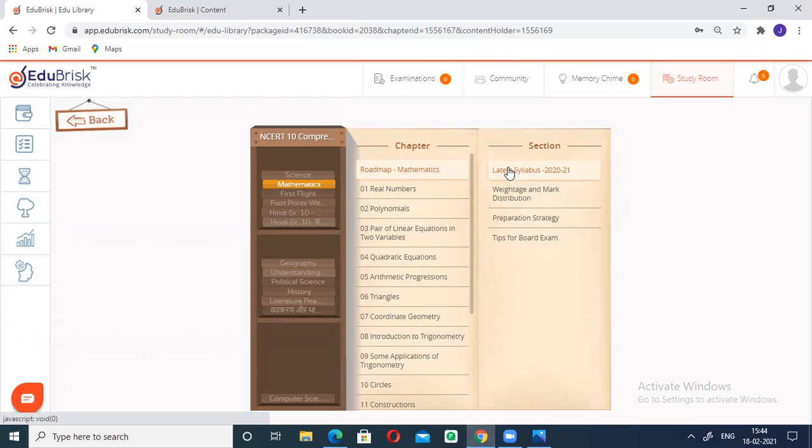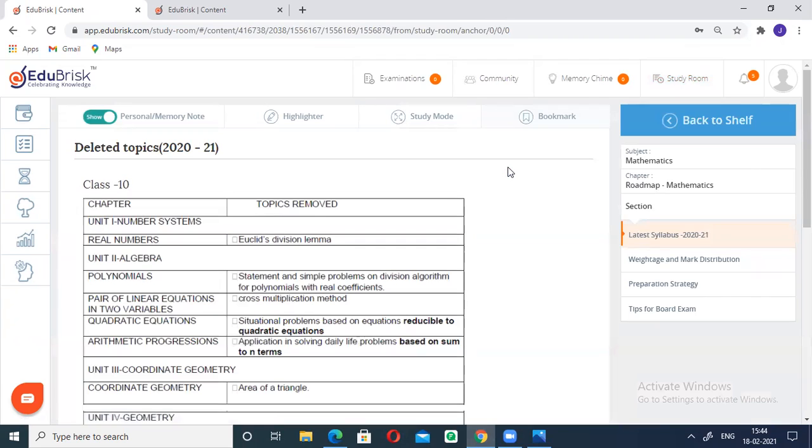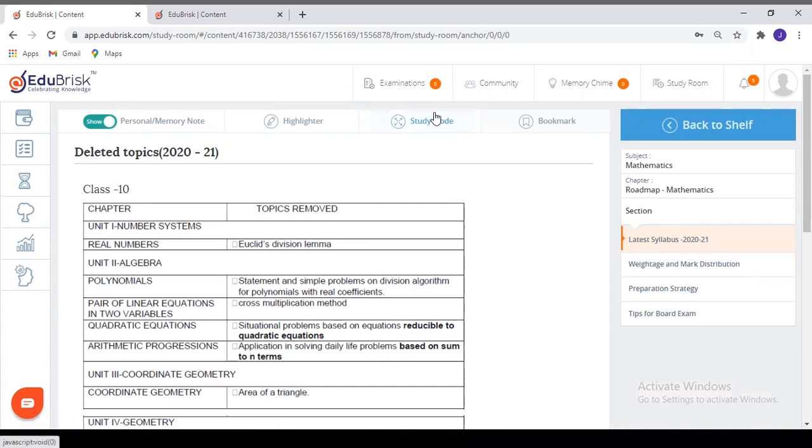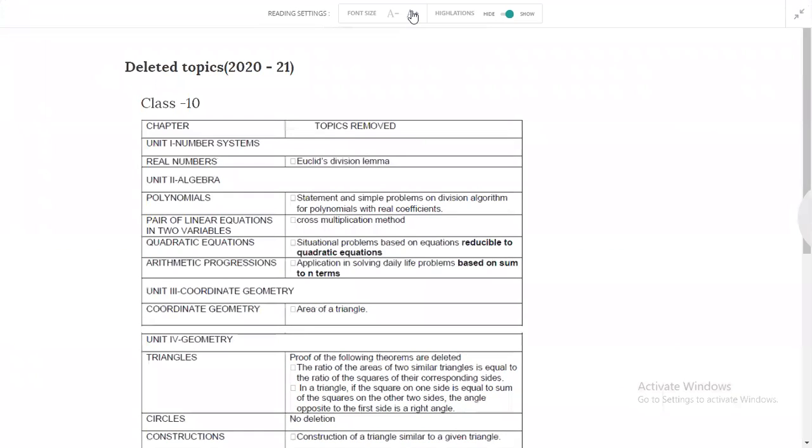This section will give you an idea about what topics are deleted from the syllabus for the current academic year. If you see here, in each and every unit, from the chapters, a few topics are deleted. Let us discuss what topics are deleted.